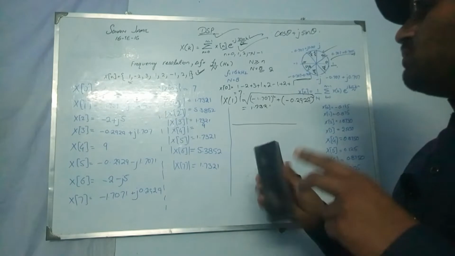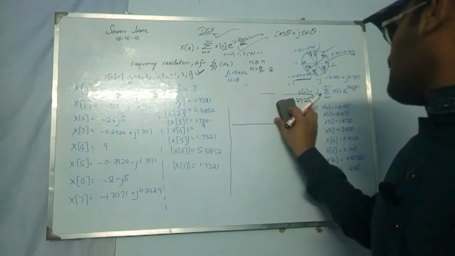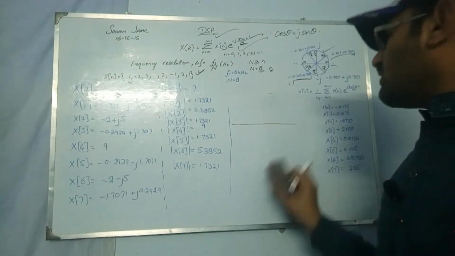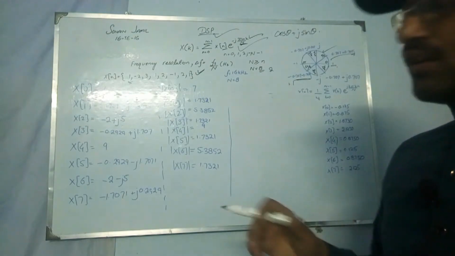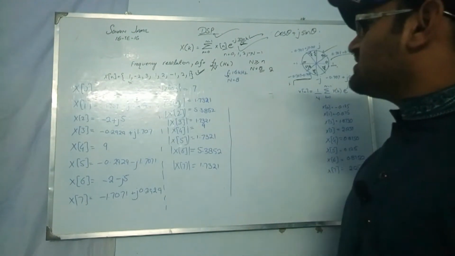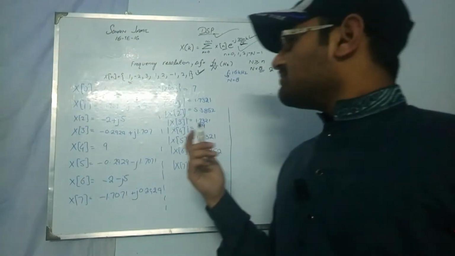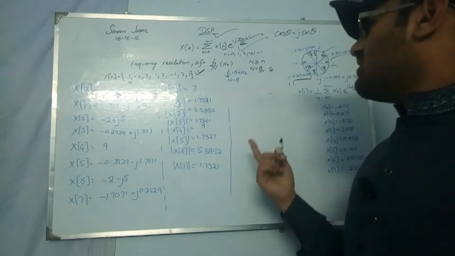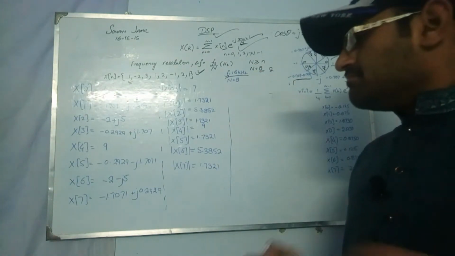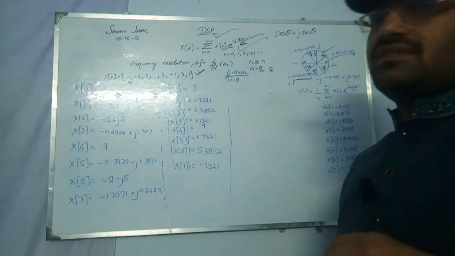So I want to plot this signal now. For that, I have the sampling frequency fs equal to 16 kilohertz. It will be given, or just suppose it is 16 kilohertz. Now what will be the frequency resolution?